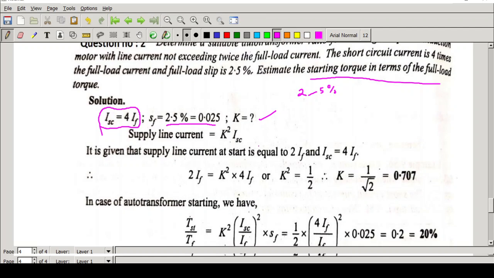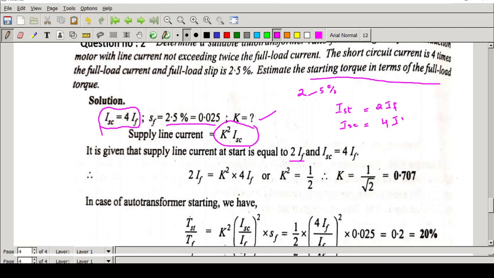Now the supply line current, as I already told, IST is equal to K squared into ISC. Right? Now it is given that the supply line current at start is equal to 2IF. That is, IST is equal to 2 into IF. And ISC is equal to 4 times IF.